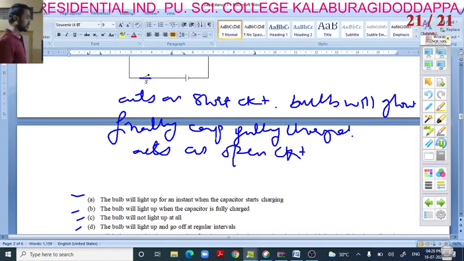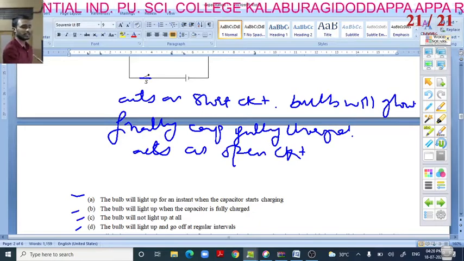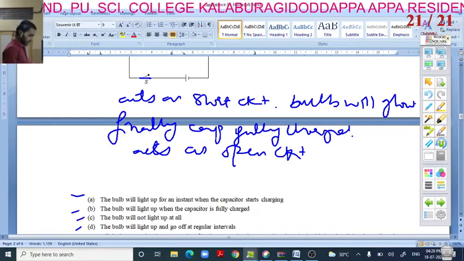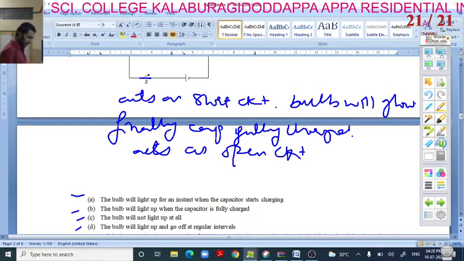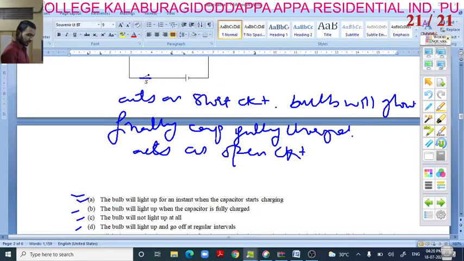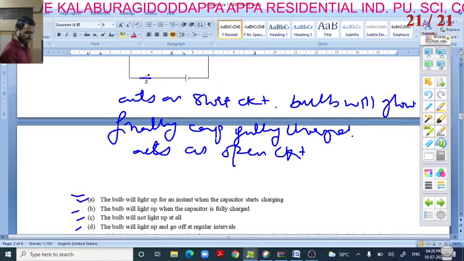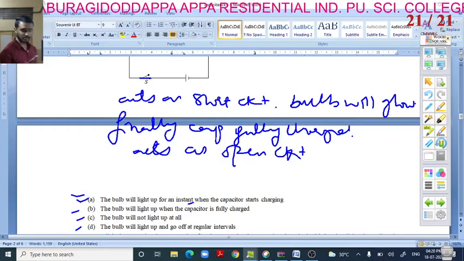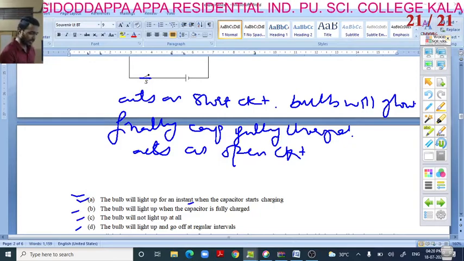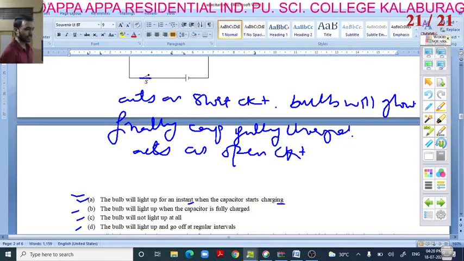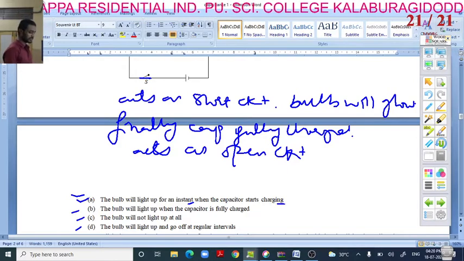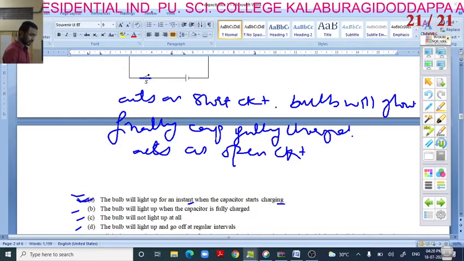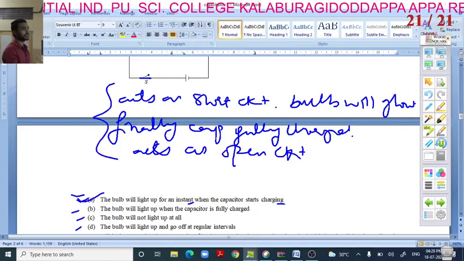So our answer is going to be the first option: the bulb will light up for an instant when the capacitor starts charging. We can choose this as per the discussion.